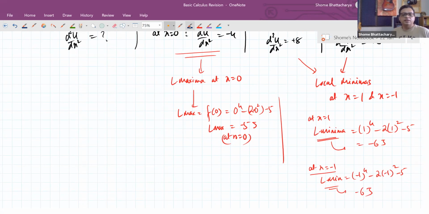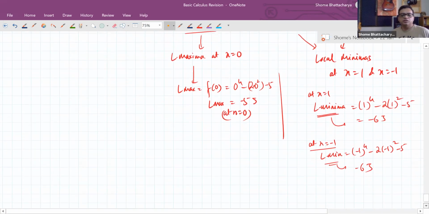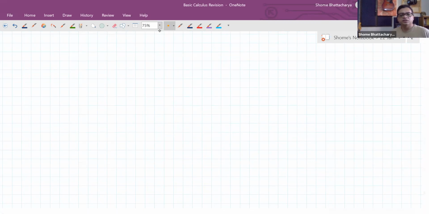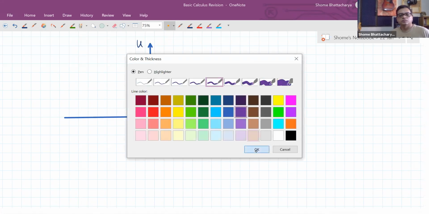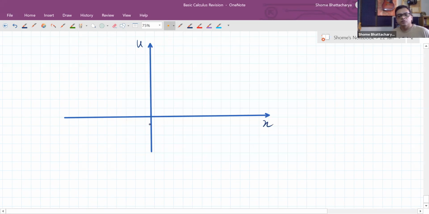Okay. So we're getting some kind of idea about the graph of the potential energy function, that it will be something like this. It will have a value of minus 5 at 0, and then at plus 1 and minus 1 it has a symmetric value of minus 6 joules.